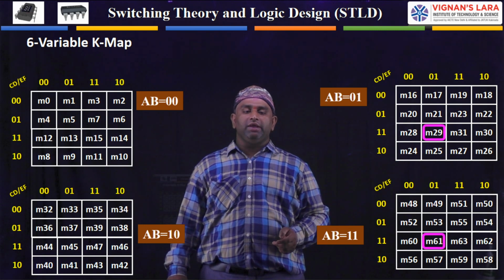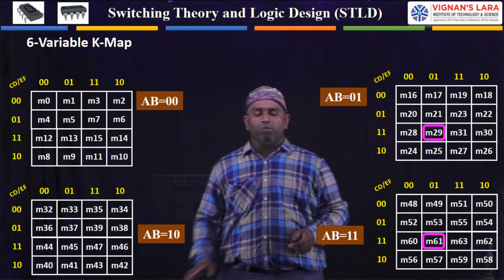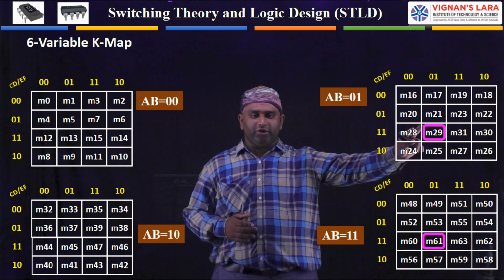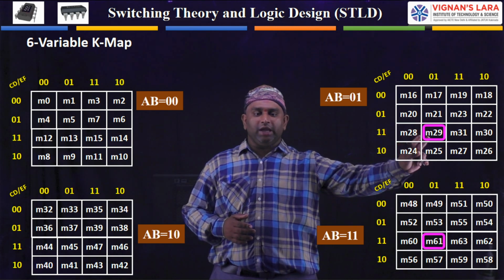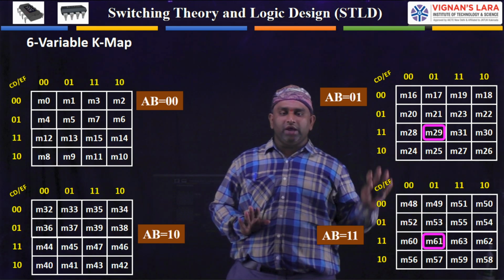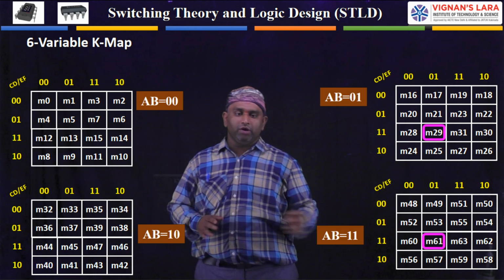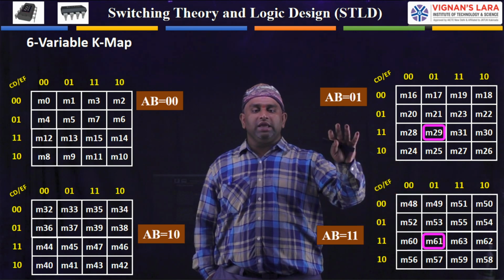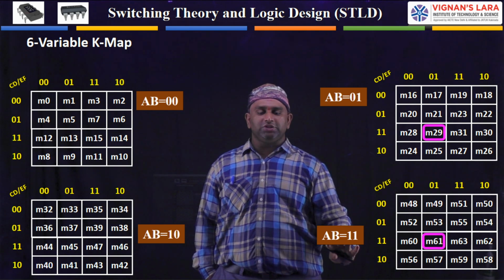Now I am taking one more example of what we discussed in the 4 variable K map. In the two different groups, M29 and M61, the same location values we are representing. We are making a group. If you are making a group, then you have to take AB values 0, 1 and AB is equal to 1, 1.